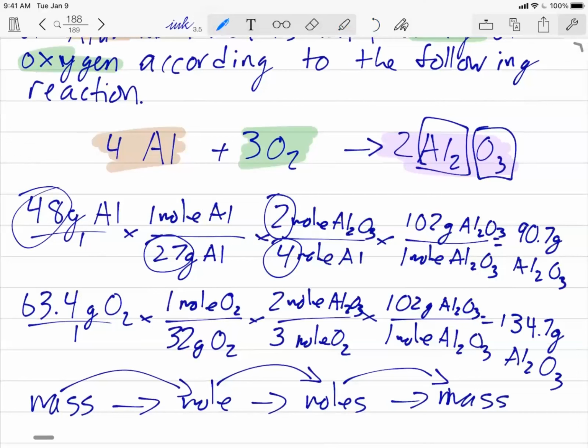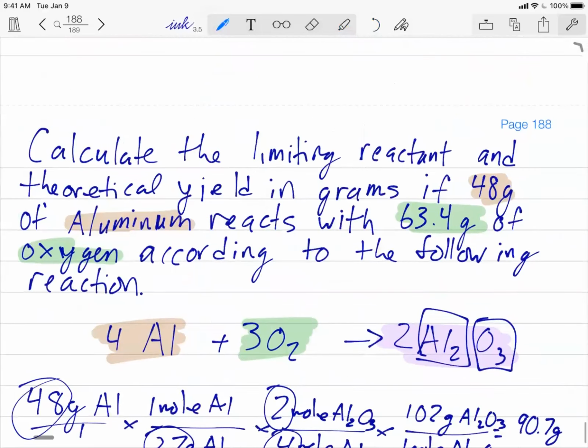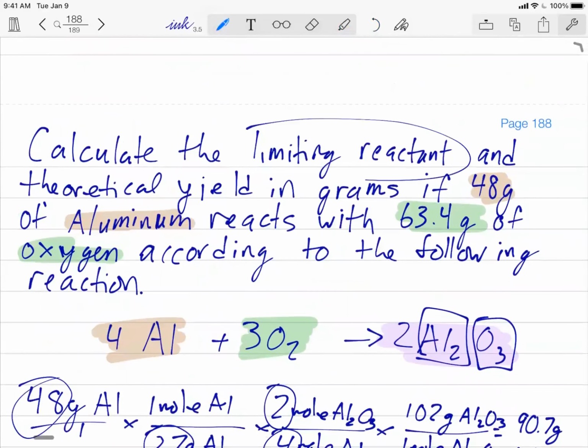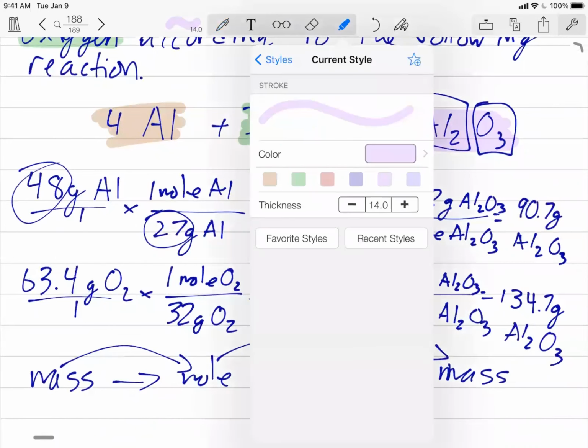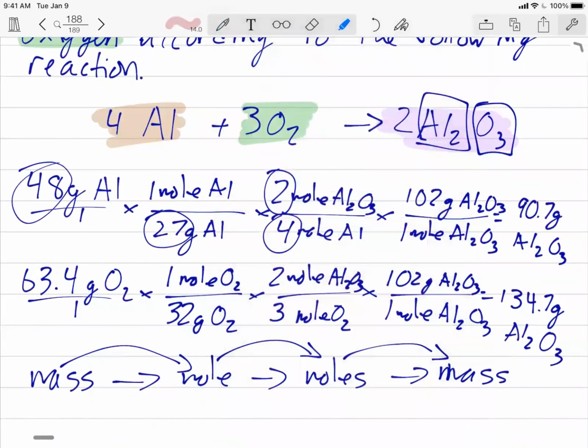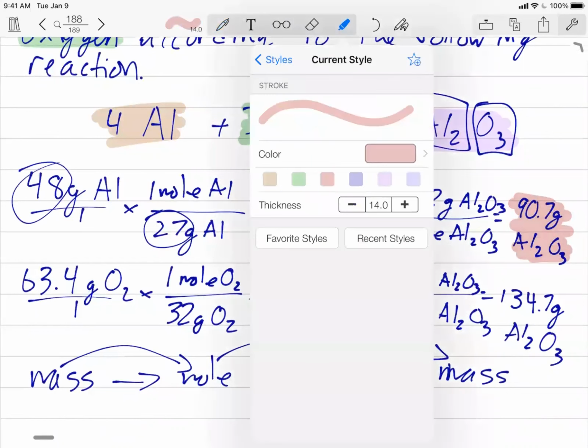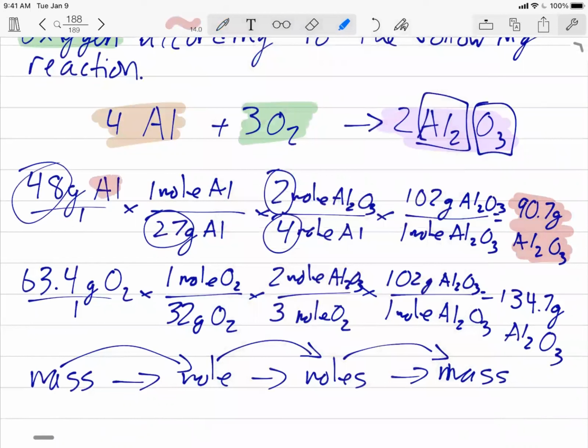So we've done the hard part. Now we have to answer two questions. The first question is, which is the limiting reactant? Well, you can determine that based on which of the two answers you got was smaller. So by looking at the two answers that we got, we can definitely see that 90.7 grams is smaller. Okay, so that must mean aluminum is my limiting reactant.